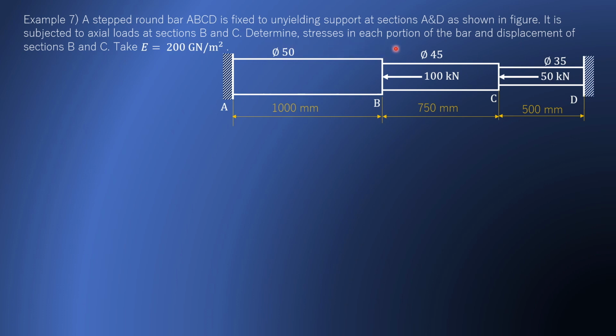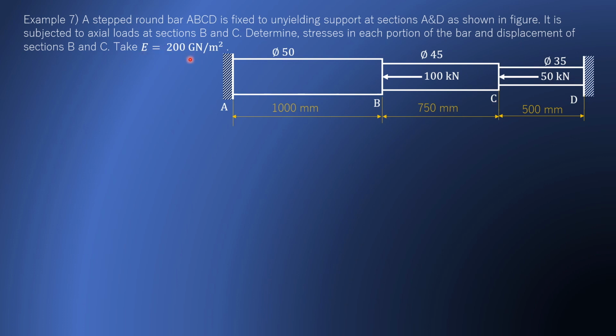Determine stresses in each portion of the bar and displacement of sections B and C. You want to find displacement of this junction, and displacement of this junction.